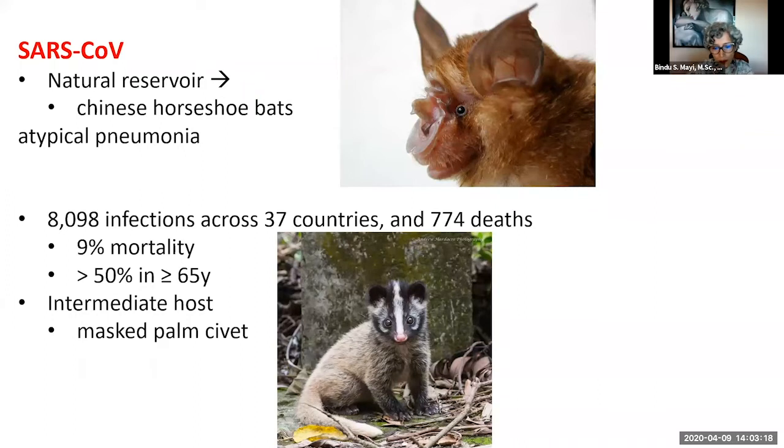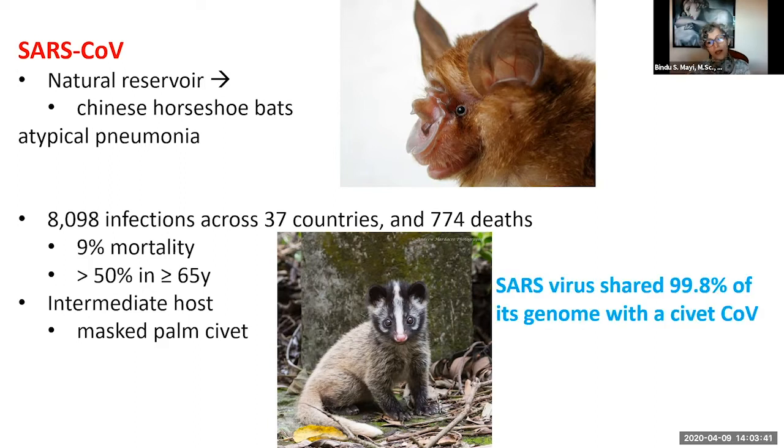So in live animal markets, these masked palm civets picked up the infection from wild bats that were also in the market. People who purchased and slaughtered these animals were subsequently infected with the virus that they picked up from the masked palm civet. The virus then underwent a mutation so that now it could show sustained human-to-human transmission as well.